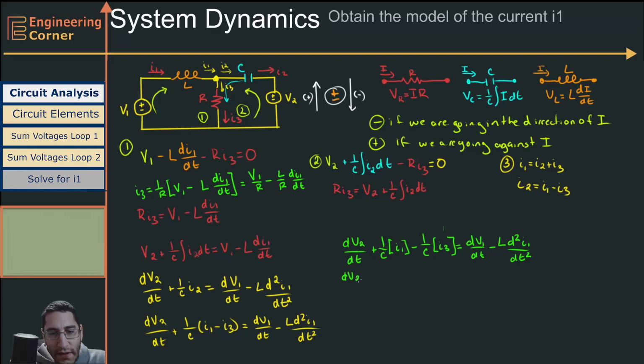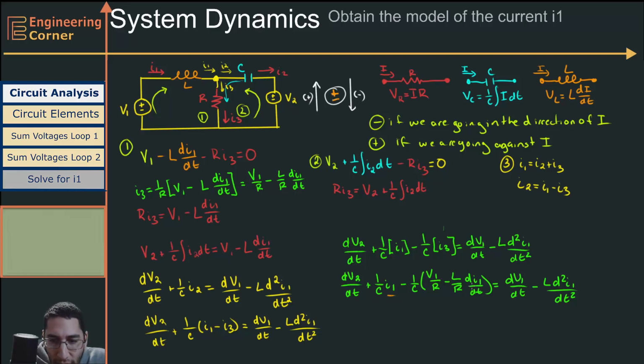So if I do that, dv2 dt plus 1 over C I1 minus 1 over C times V1 over R minus L over R di1 dt is equal to dv1 over dt minus L d2 I1 over dt squared. Okay, so now we're in really good shape because all we have is this variable I1.